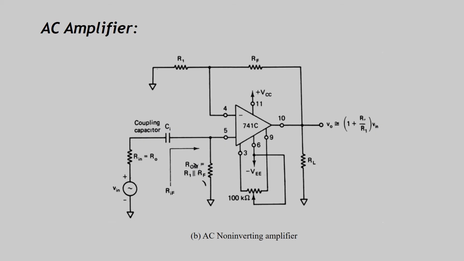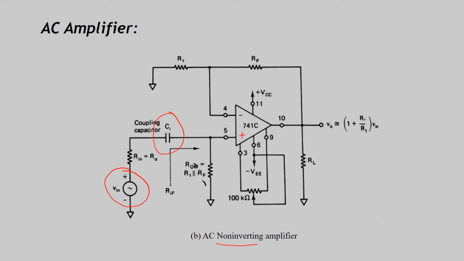This one is a non-inverting amplifier. Here also a coupling capacitor is there, and that is on the input side. So the input is applied to the positive terminal, that is why this is non-inverting.